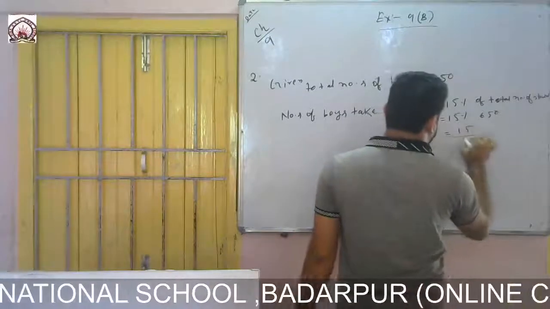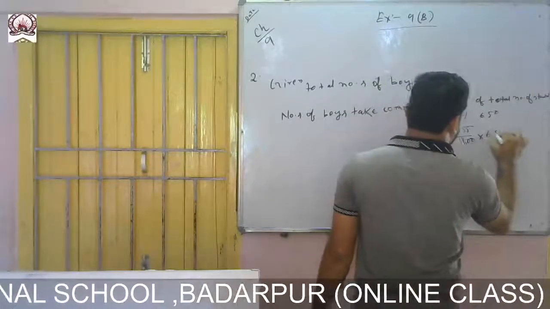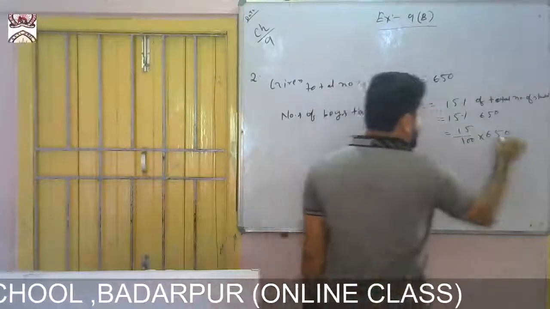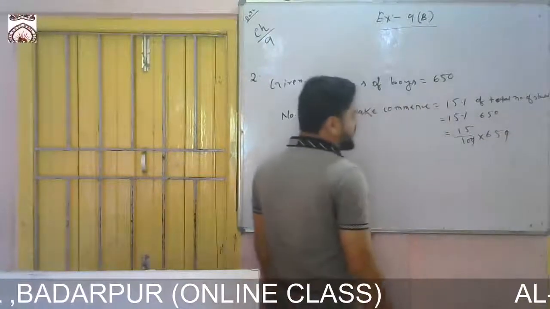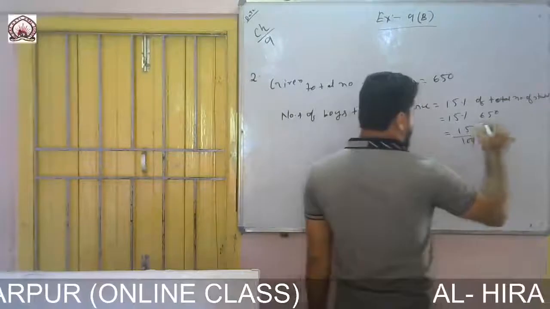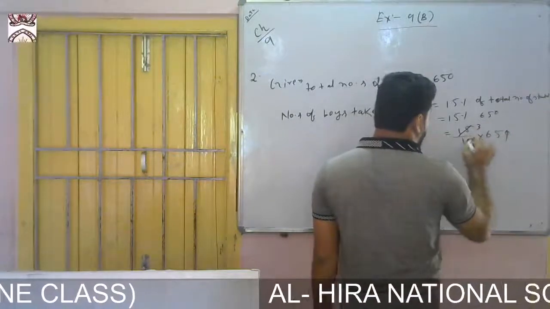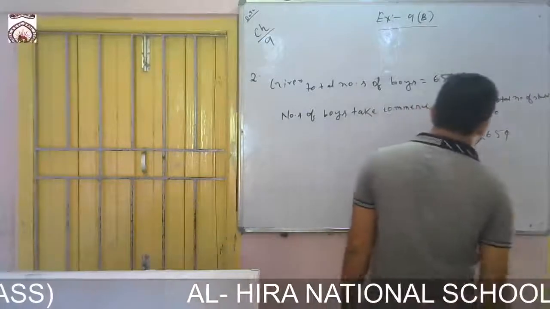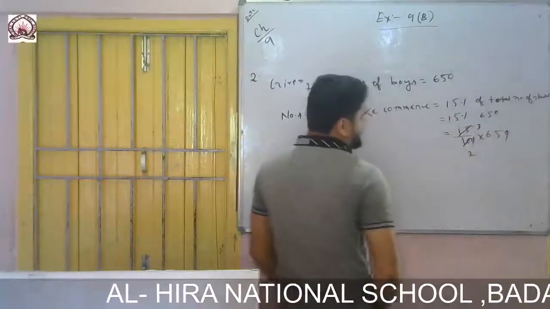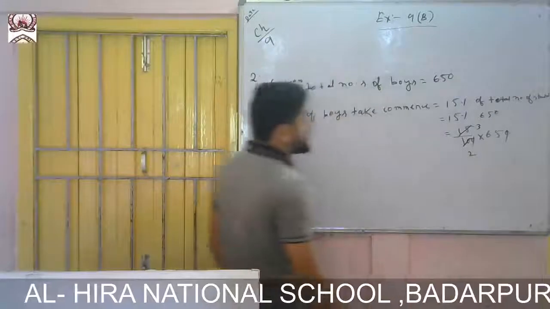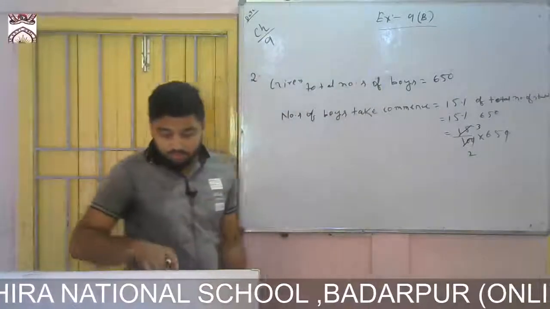That is 15 by 100 into 650. Now cancel this 0. Now cancel this one. 5 3 times 15, 5 2 times.